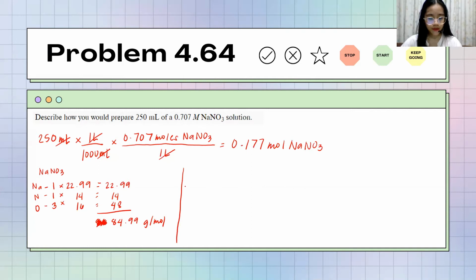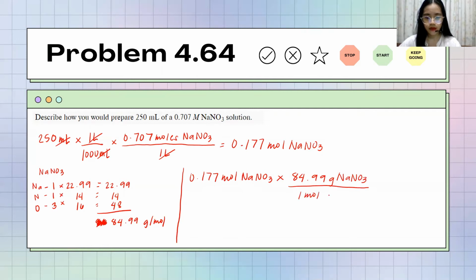Next, let's proceed now to find the mass. So 0.177 moles of NaNO3 times the molar mass, which is 84.99 grams of NaNO3 over 1 mole of NaNO3.